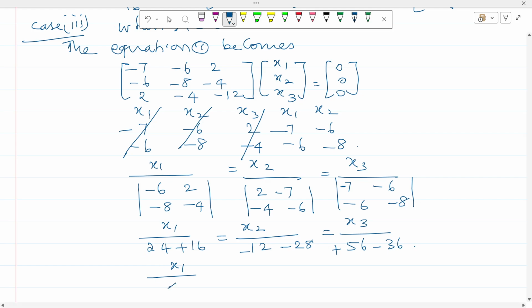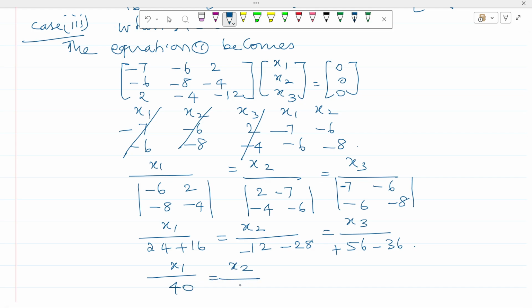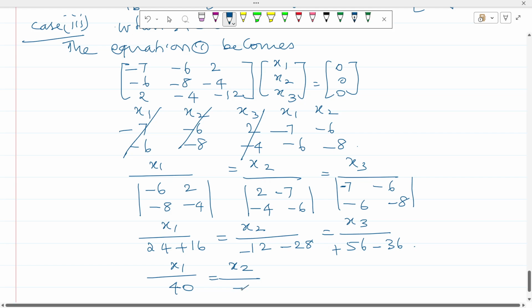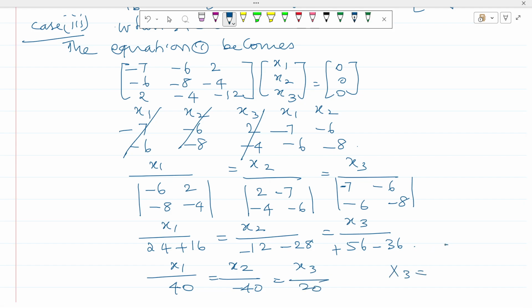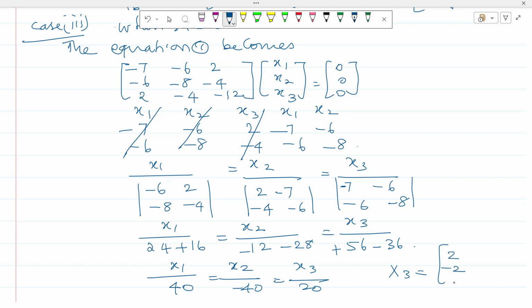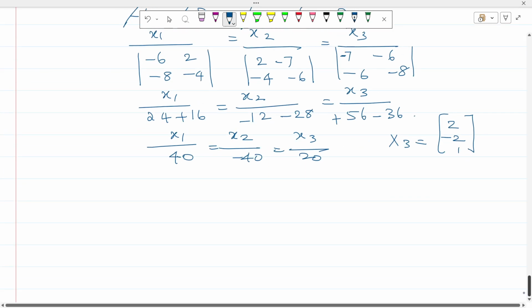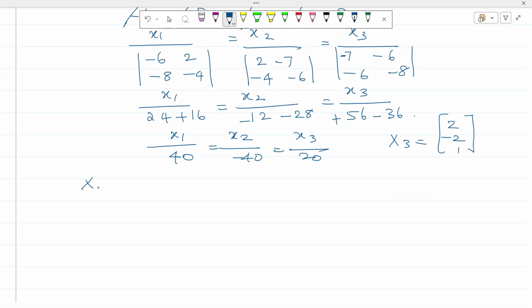Okay, so here it is 40, x2 by minus 40, x3 by 20. So what is the ratio? X3 equal to 2 minus 2 1. Then you have to verify that the eigenvectors are orthogonal in pairs. So what are the eigenvectors?